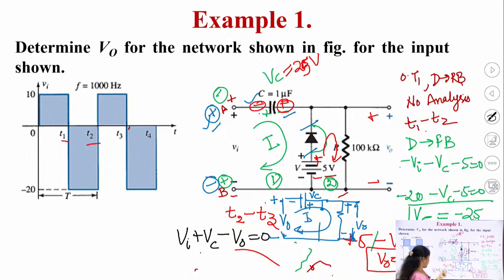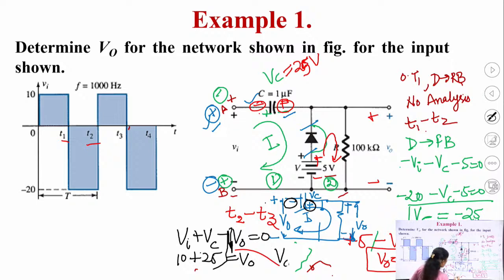Again I am repeating that I will not write minus 25 here, because I have already taken care of this sign by changing the polarity here. So, I will keep only the value here. Vi during T2 to T3 is 10 volts, plus 25, and that is equal to V naught. So, V naught is equal to how much? 35 volts.